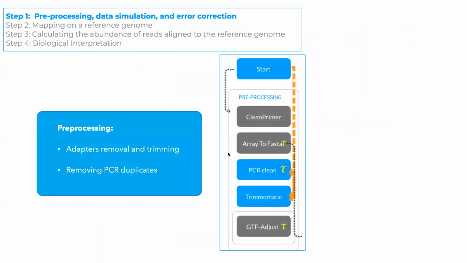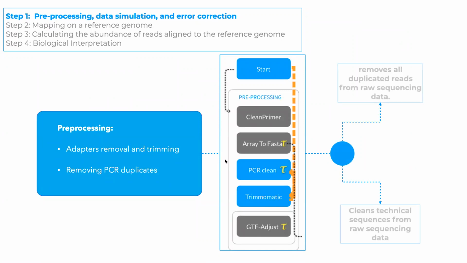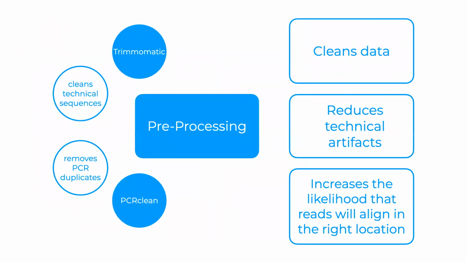Okay, so pre-processing, we have removed or cleaned up the different reads that we have. And it's important that we also remove bad technical artifacts and bad read quality, right?